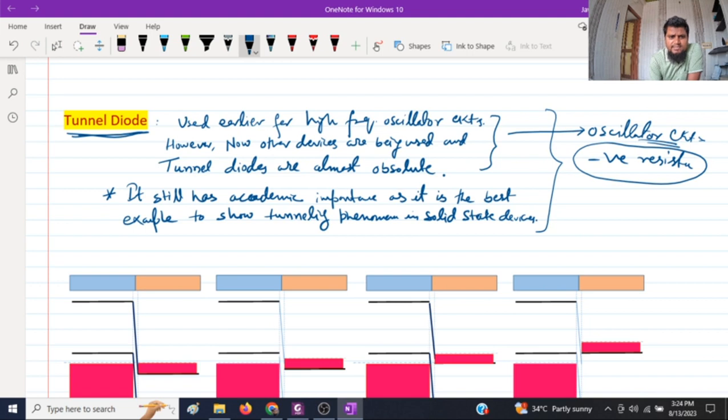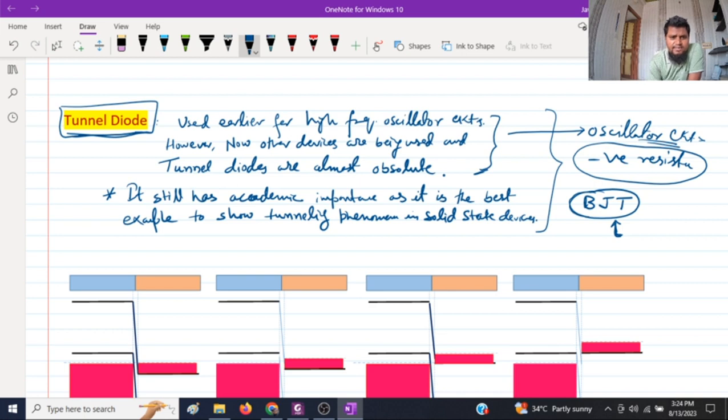But nowadays these tunnel diodes are not being used for many reasons, and one important reason is that other devices are far better and have replaced it, just like BJTs. They are not used now; only very rare applications might be found. However, it has academic importance because once you understand it, you can understand other devices.